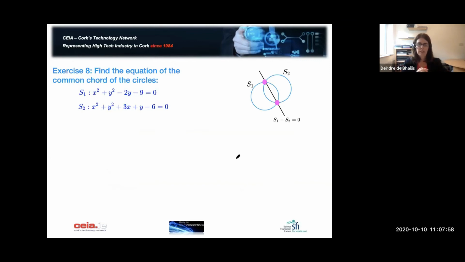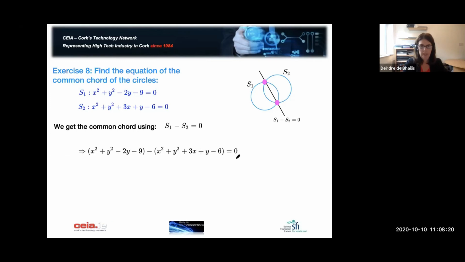So this one, exercise 8, says find the equation of the common chord of the circles. So we have 2 equations, and if we're looking for the common chord, what we want to do is subtract one from the other. So we get the common chord using S1 minus S2 equal to 0.